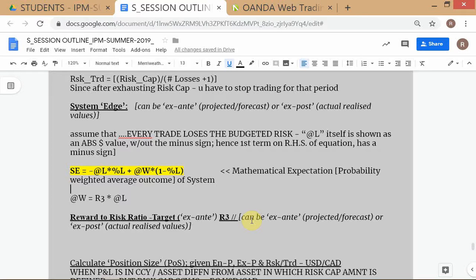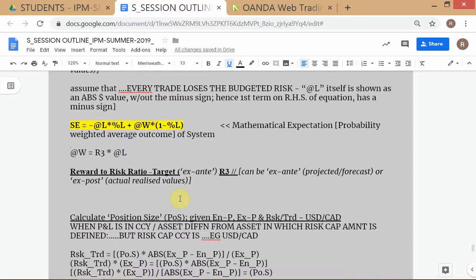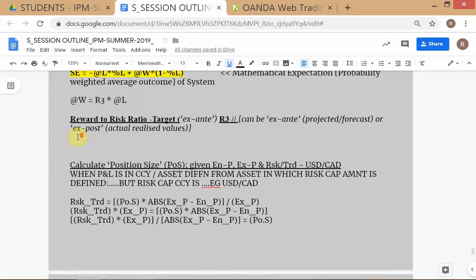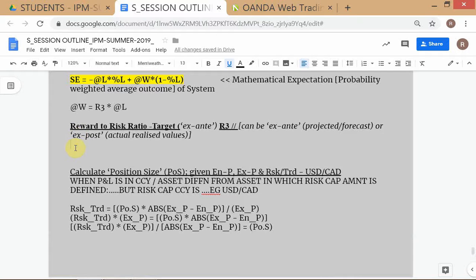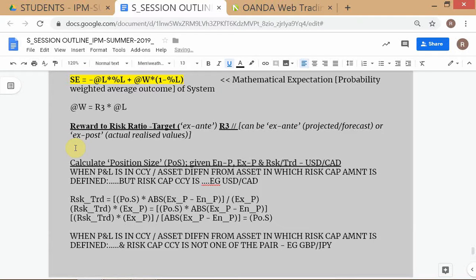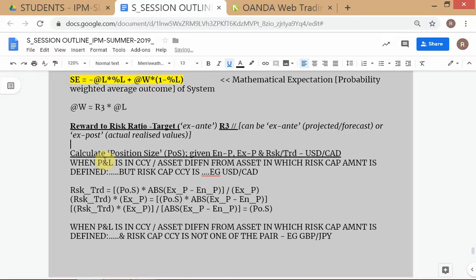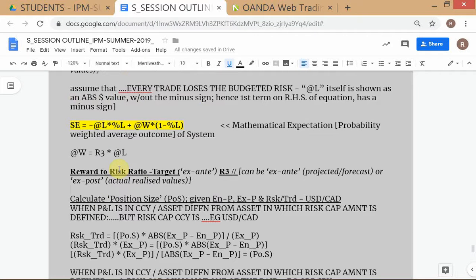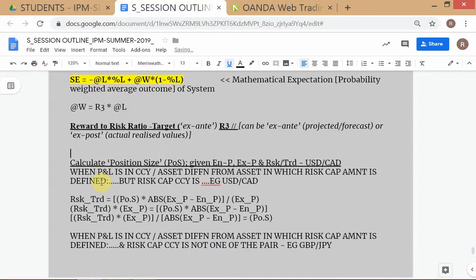So when you're doing your planning, normally you're working with the ex ante edge. And obviously you want the ex ante calculation to be more conservative than the ex post realized values.